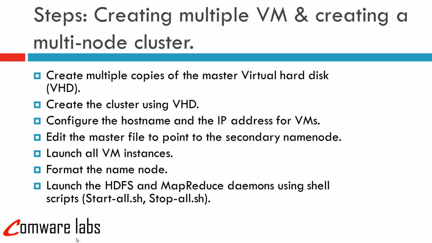Configure the host name, configure the IP address, and edit the master file to point to the secondary name node on the name node machine, or Hadoop NN. Launch all instances, format name node, and then launch the HDFS and MapReduce daemons using the shell scripts, which are startall.sh and stopall.sh.